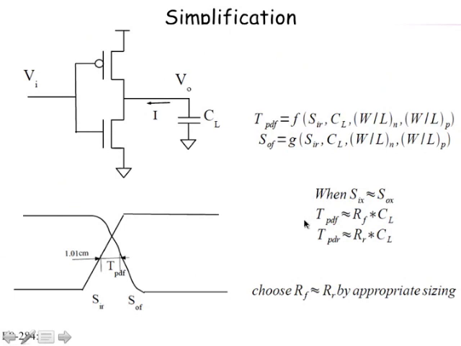To deal with these, we make some simple approximations, which work reasonably well when the slews are all reasonable. That means the input slew rate is similar to the output slew rate. Then we can express the propagation delays as a simple RC equation, R times C.